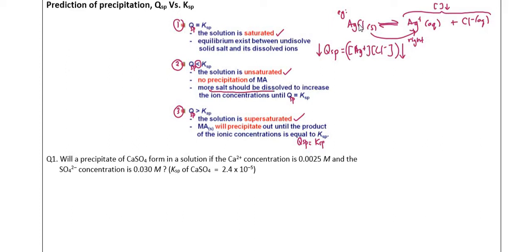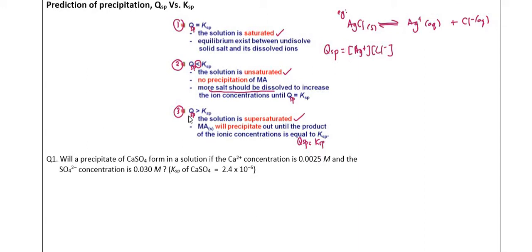Sistem akan membuatkan garam ini banyak terlarut untuk menghasilkan concentration ion. Okay, itu keadaan bila QSP is smaller than KSP.